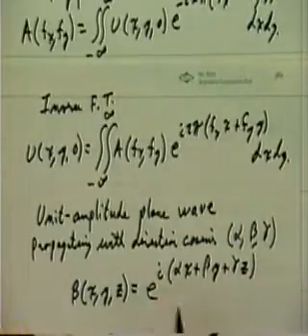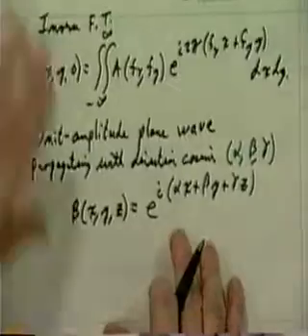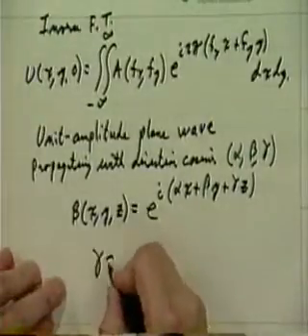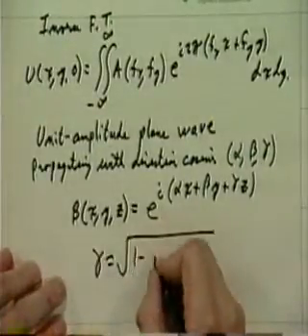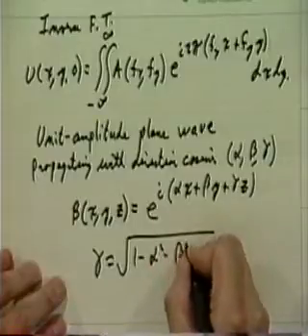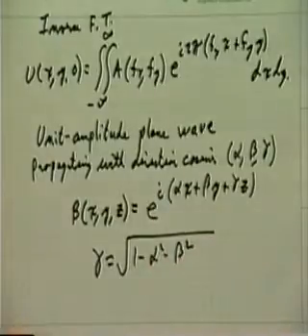And for these direction cosines, we know that gamma is the square root of 1 minus alpha squared minus beta squared. Okay.